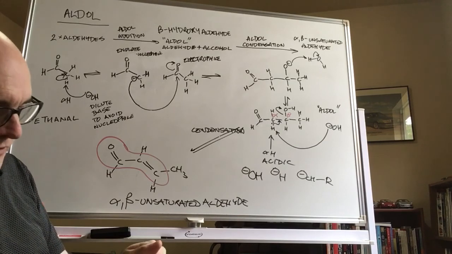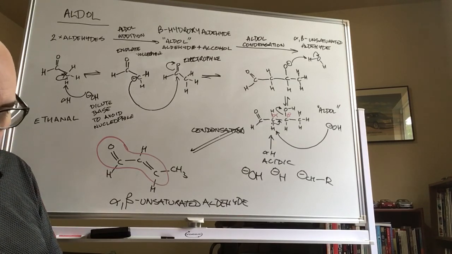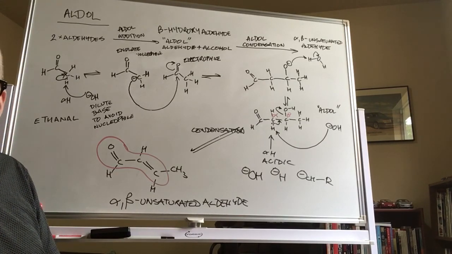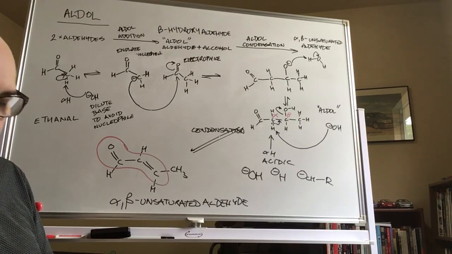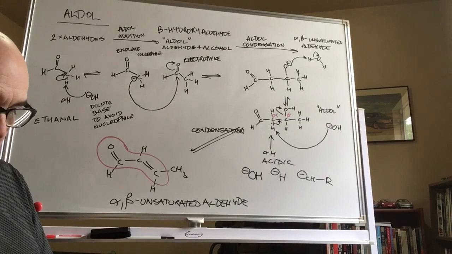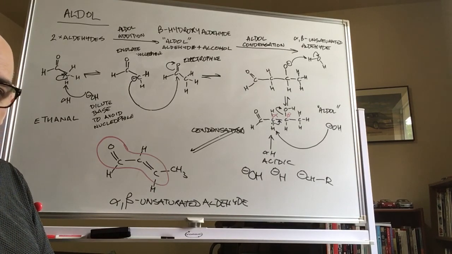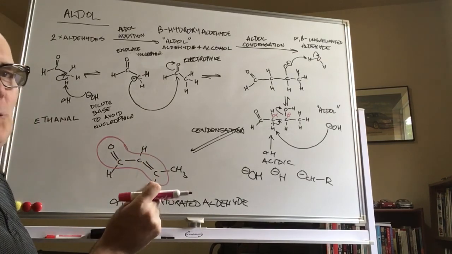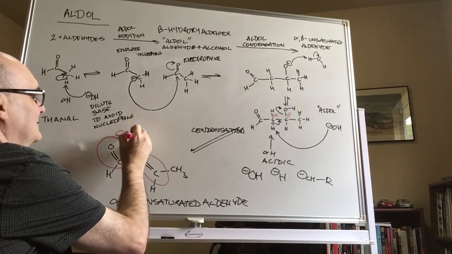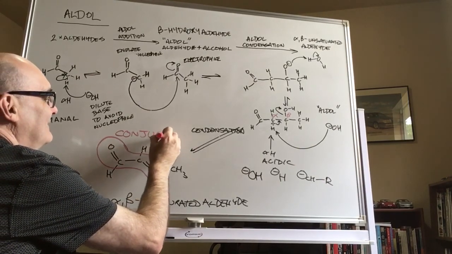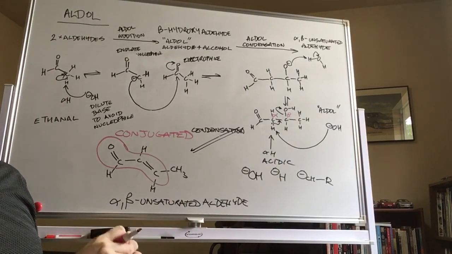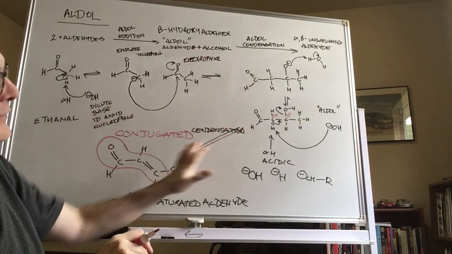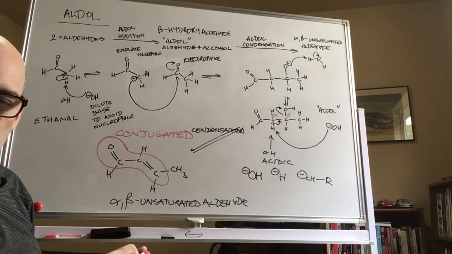What one word describes what's going on inside the pink blob? Is it a conjugated pi system? Well, that's more than one word. Oh, sorry. Yeah. My product at the end of all of this is conjugated.